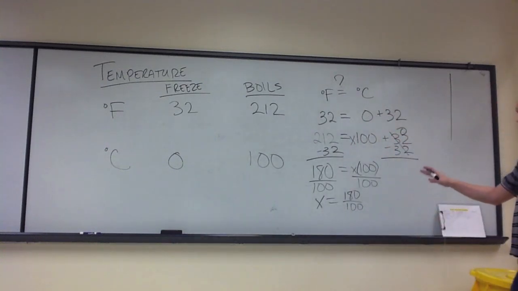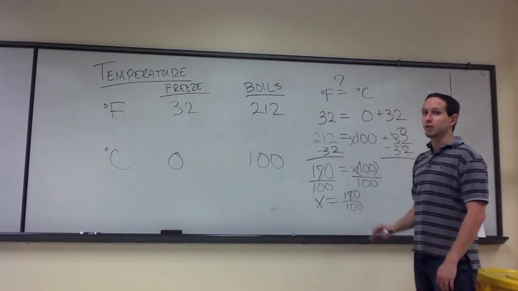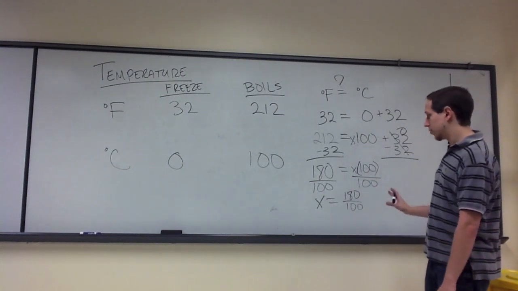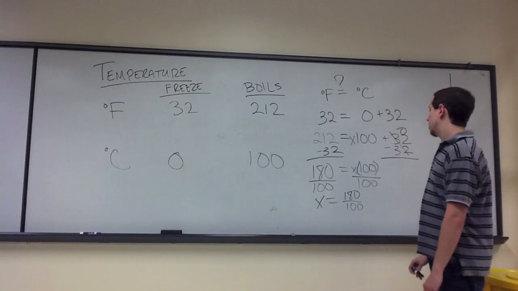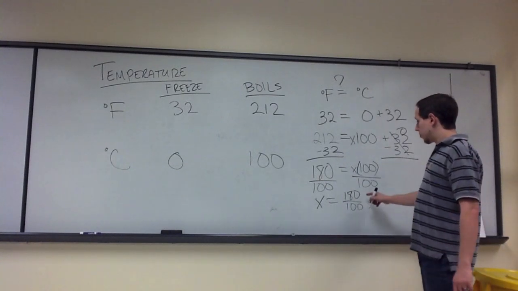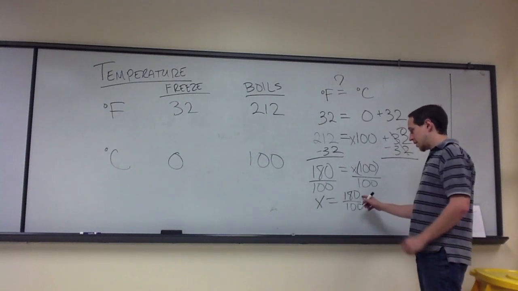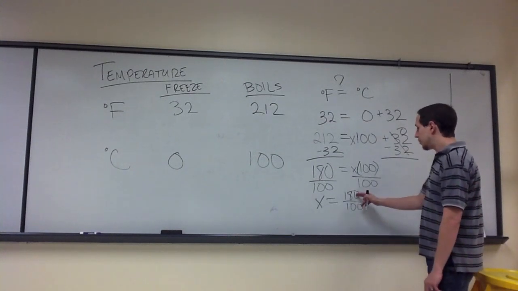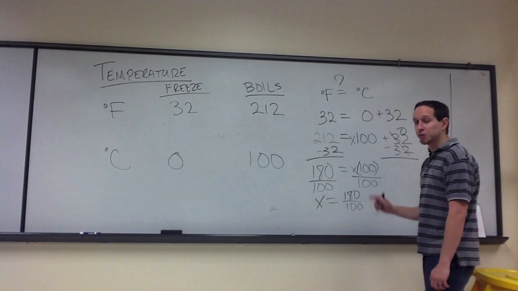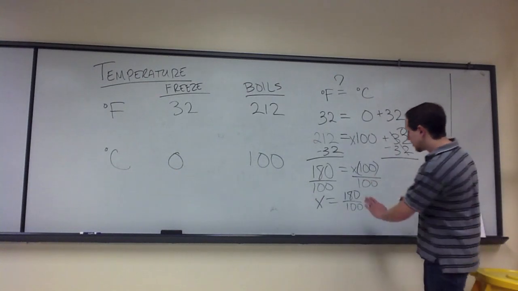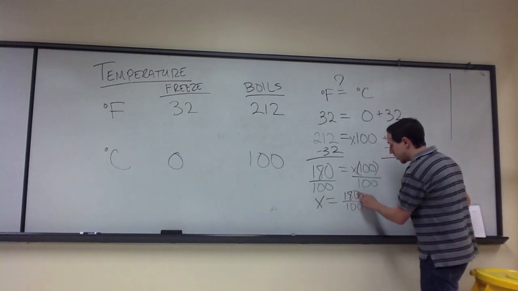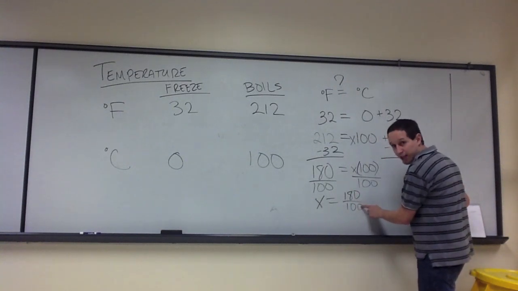Now, that's a tricky, improper fraction to work with. So I need to simplify it a little bit so that it looks cleaner. Okay? So the first thing I'm going to determine is what can I divide into both the numerator and the denominator to simplify this? Well, both of these end in 0, and that tells me that this is basically the same thing as 18 over 10 times 10 over 10.